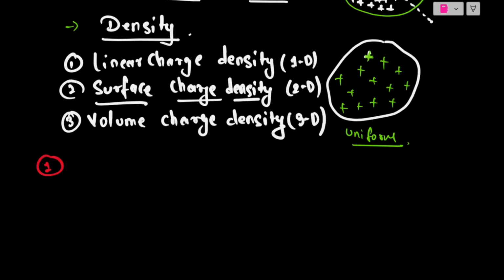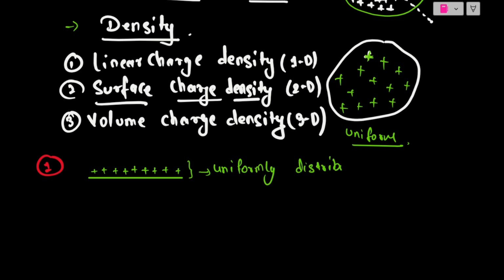Let's take an example. Here we have, let's say, a rod, right? And in this rod we have positive charges all over the place. These positive charges are uniformly distributed.